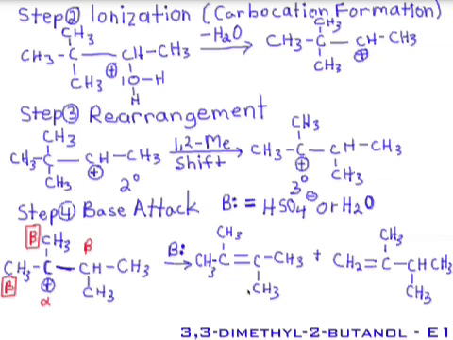Now, utilizing the Zaitsev rule, which states that the major product is the more stable alkene, I can determine which alkene is major. The most stable alkene, of course, is the more substituted double bond. So I localize the double bond.